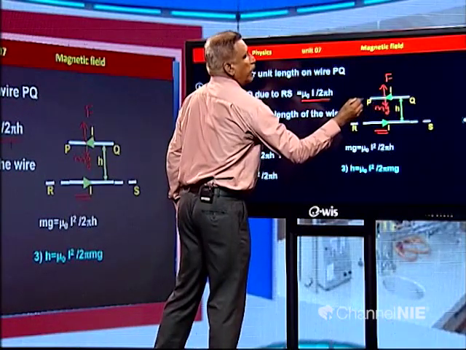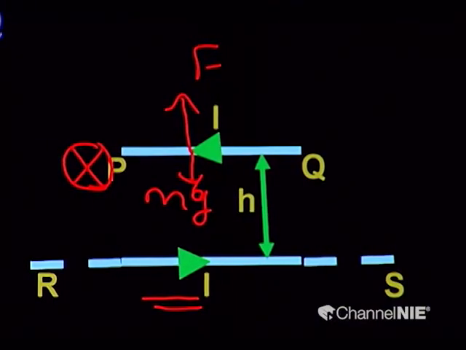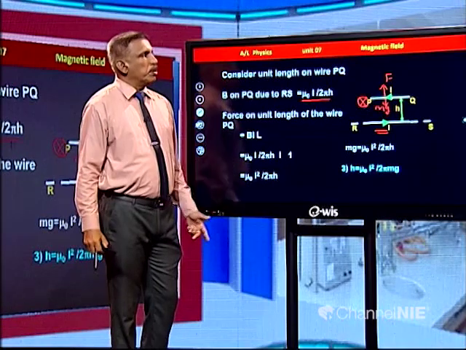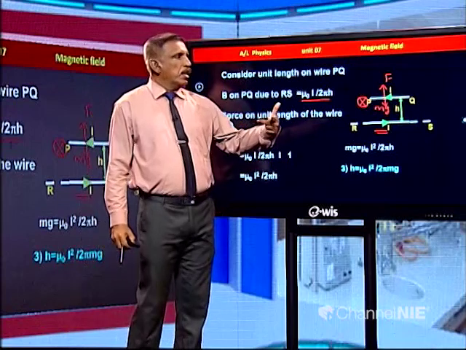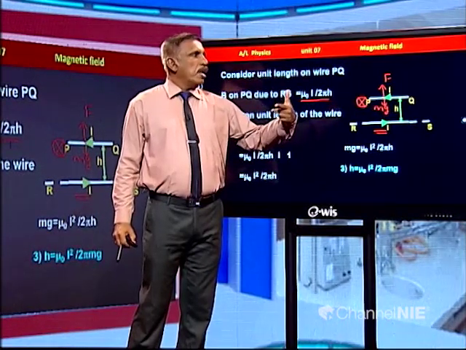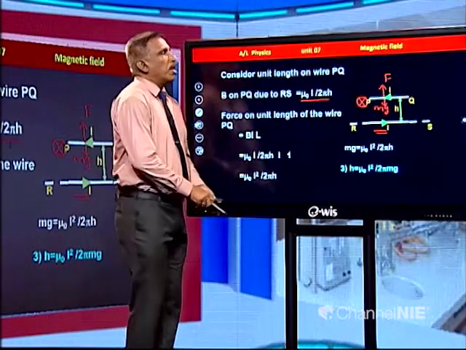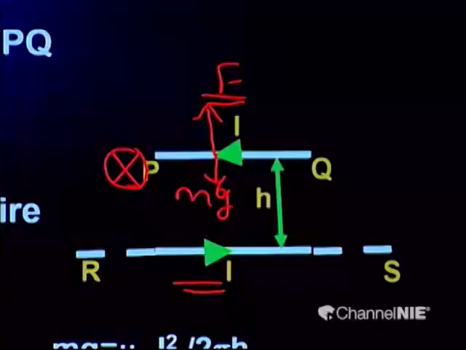So, we can denote it like this. When you use Fleming's left hand rule, you can find the direction of the force. Now the field is coming outward and the current in PQ is from Q to P, and the thumb points upward. So, the magnetic force is in the upward direction, and that will balance mg.